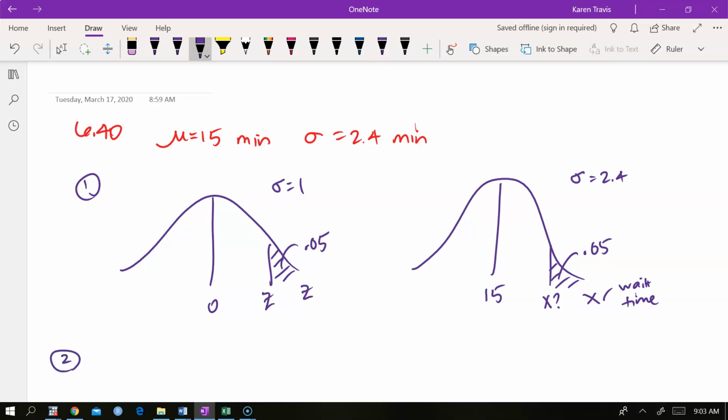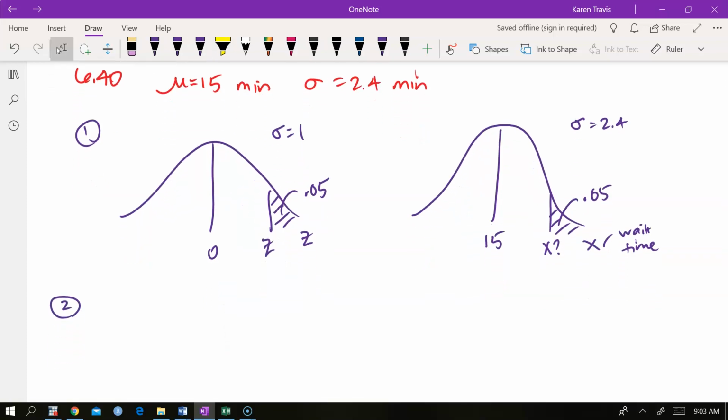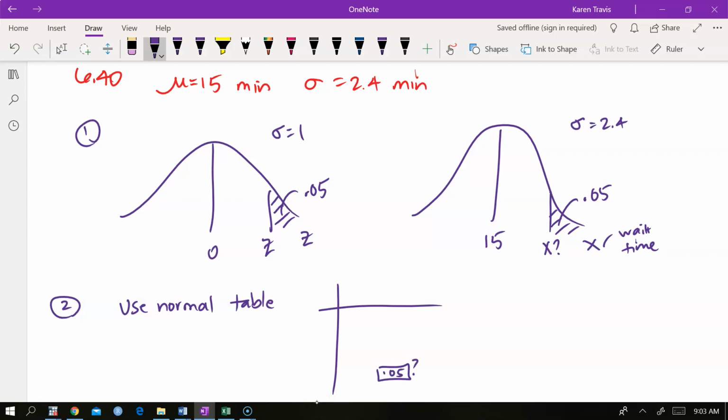So because we have the area under the curve first, we're going to use the normal table first, not the equation. And we're going to look around inside the table for the closest thing to 0.05. And what we see is a result that we've seen before, that a 0.05 tail, if I looked that up, would be negative 1.64 and negative 1.65 are the closest.